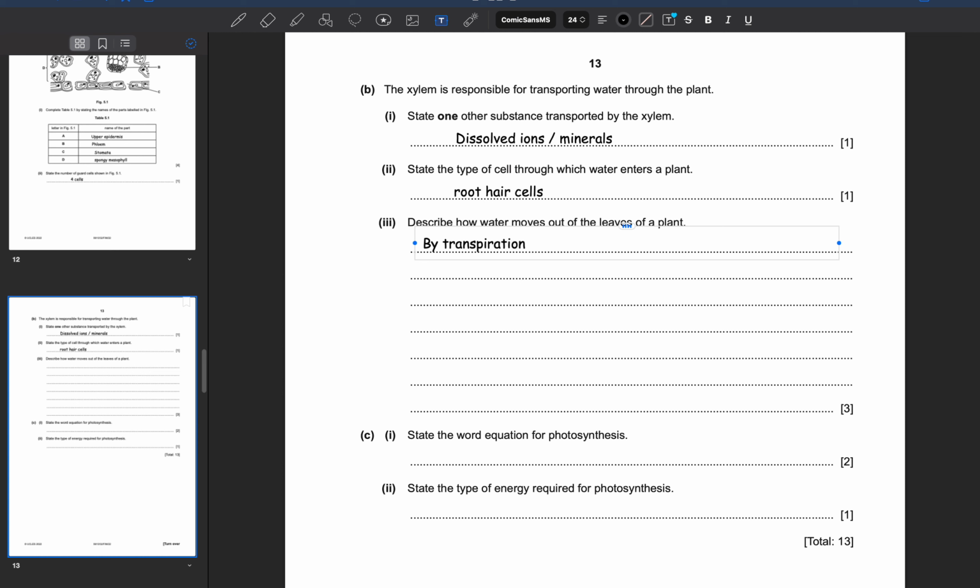And I start explaining what transpiration is. So I got the first mark by stating the name of the movement, by transpiration, which is evaporation of water at the surface of the spongy mesophyll cells.